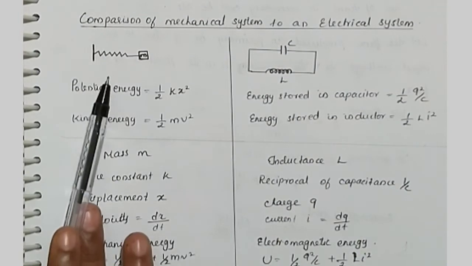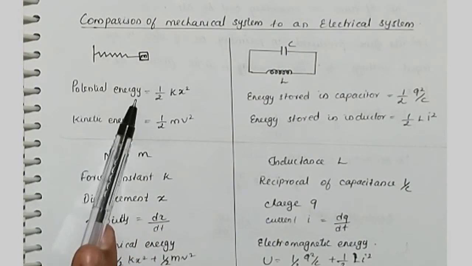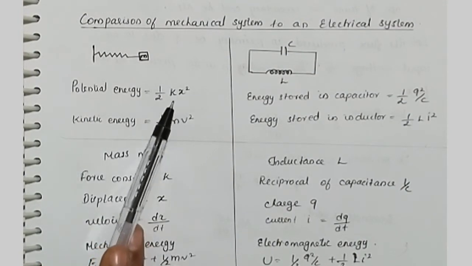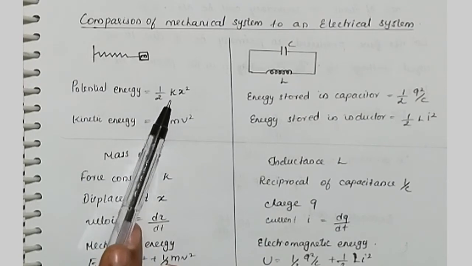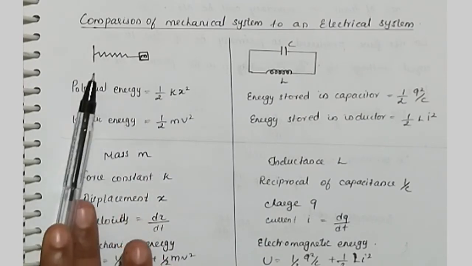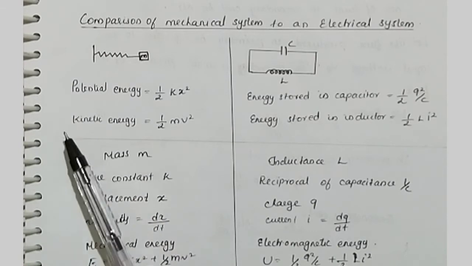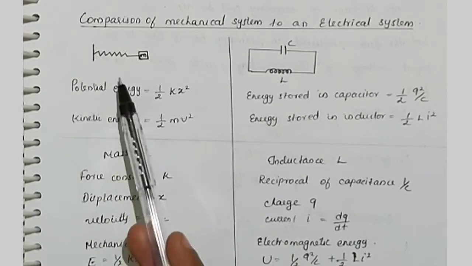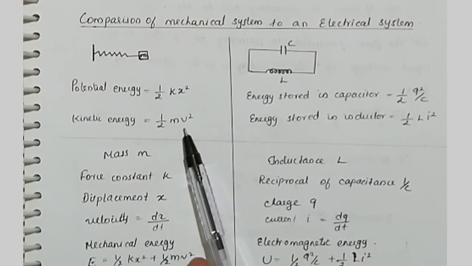For this mechanical system, the potential energy is given by ½kx², where k is the spring constant and x is the extension of the spring, and the kinetic energy is ½mv².